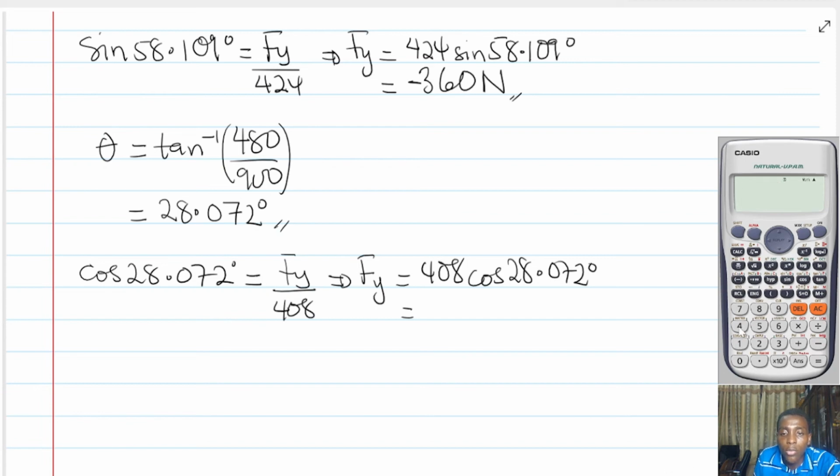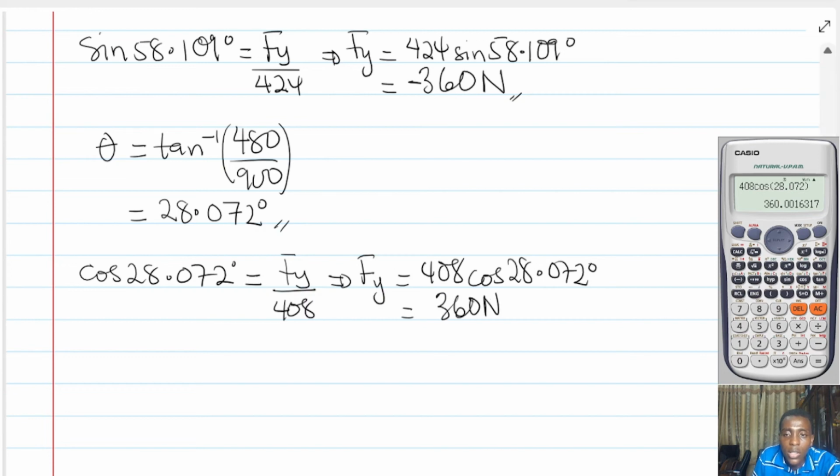So that is going to be 408 cosine 28.072. Okay, so that is going to be 360.001.